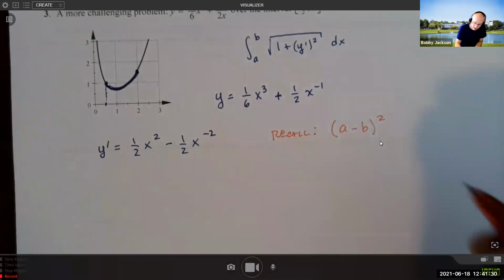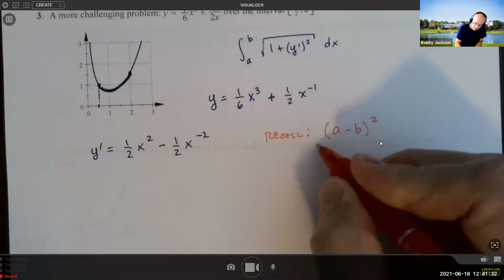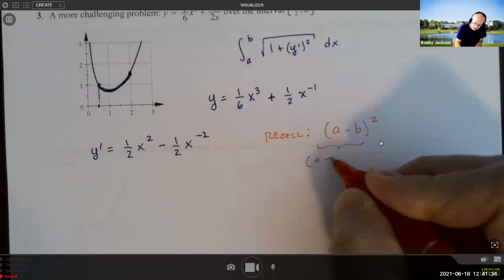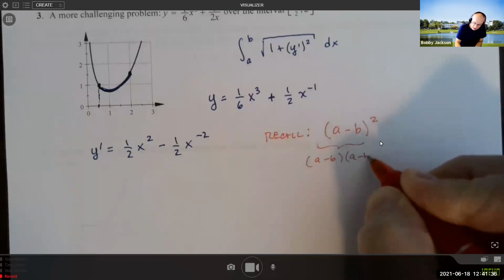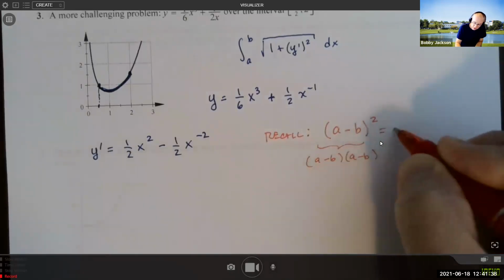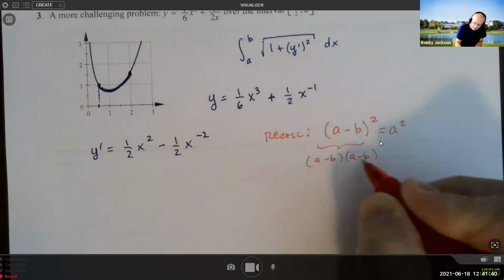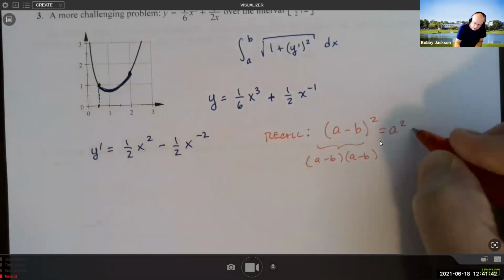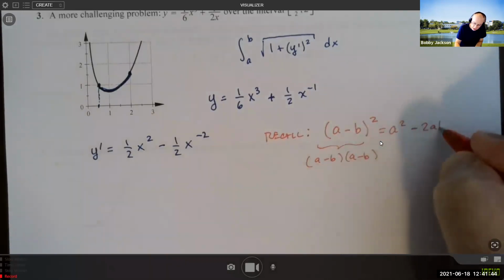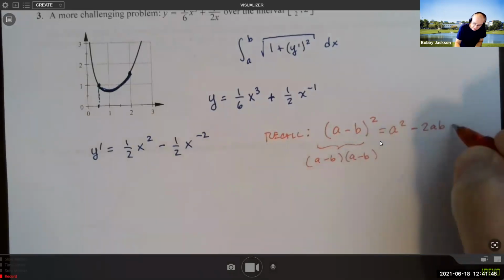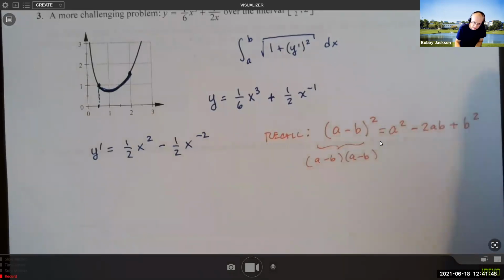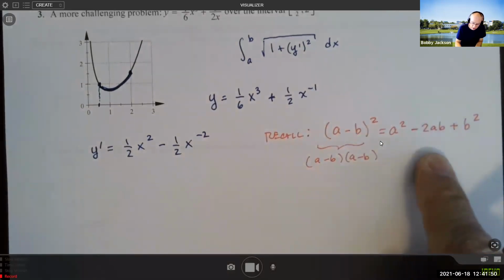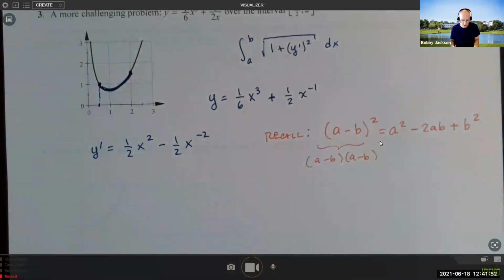That's not correct. It's really a minus b times a minus b. So first times first, you get a squared. The outer is negative ab and the inner is negative ab, so that's a total of negative 2ab. Last times last, negative times negative is positive b squared.